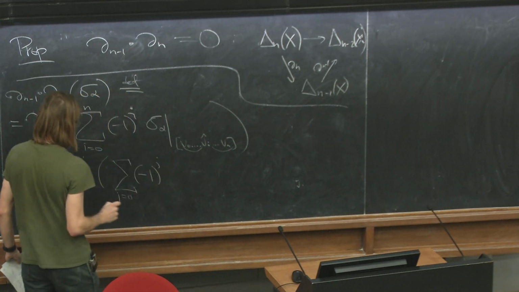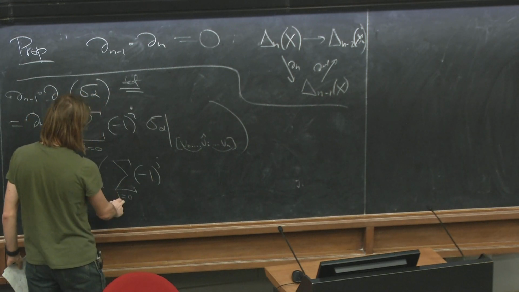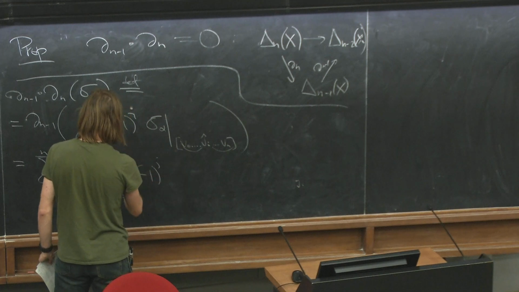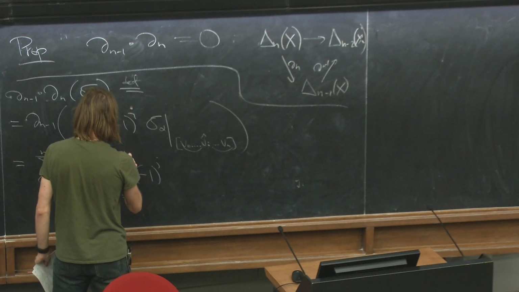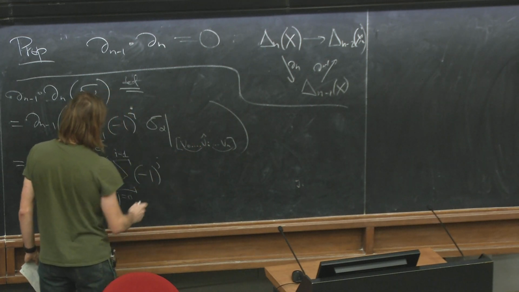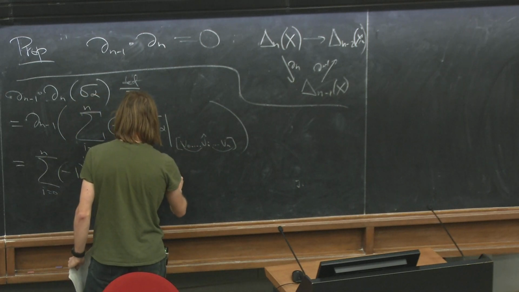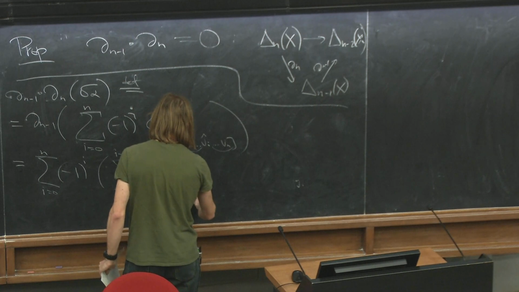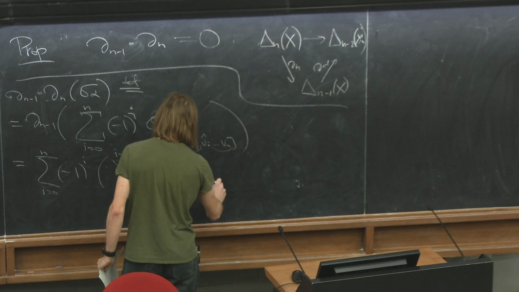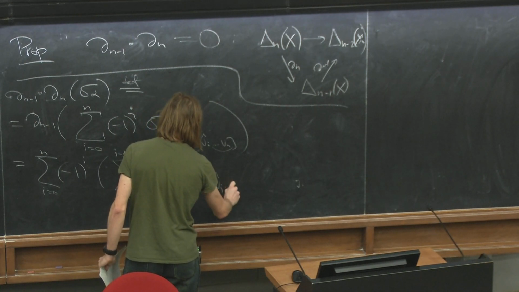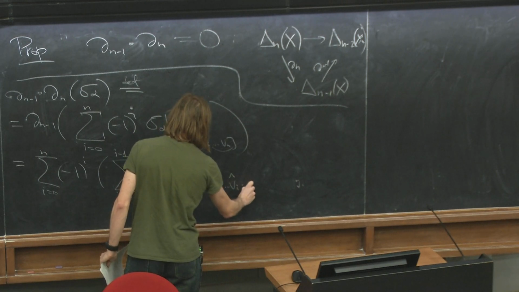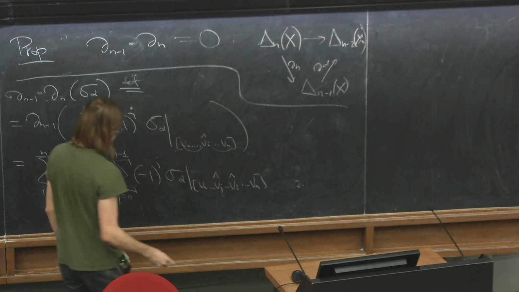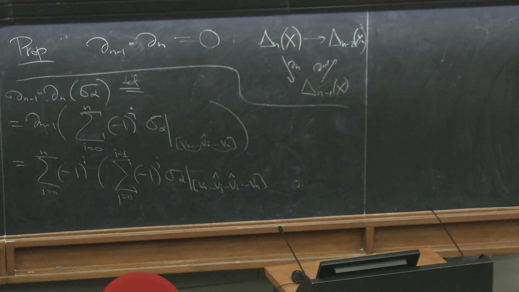So the first part will look like this. The sum will be from j equals 0 to i minus 1, so we go up to this place. And here we'll have σ_α where we remove v_j and v_i, and j comes before i.